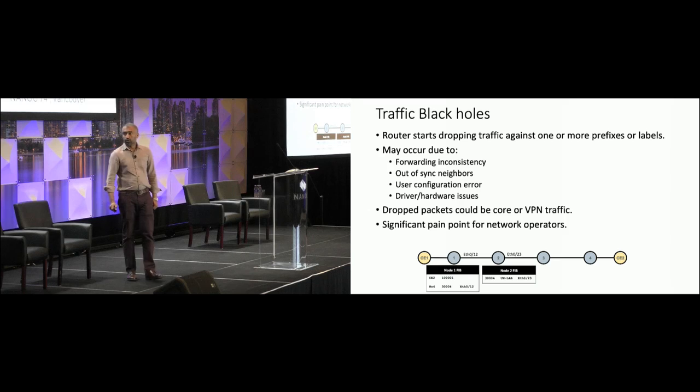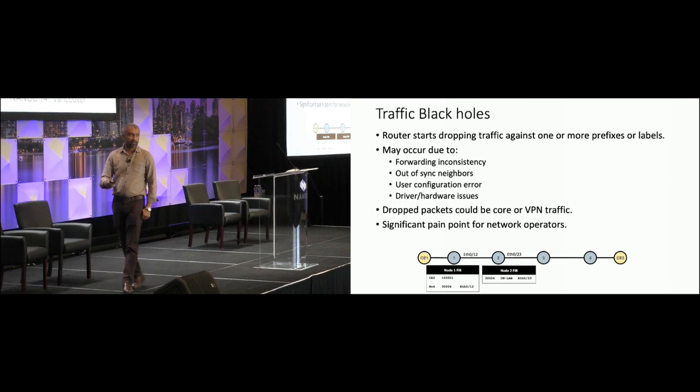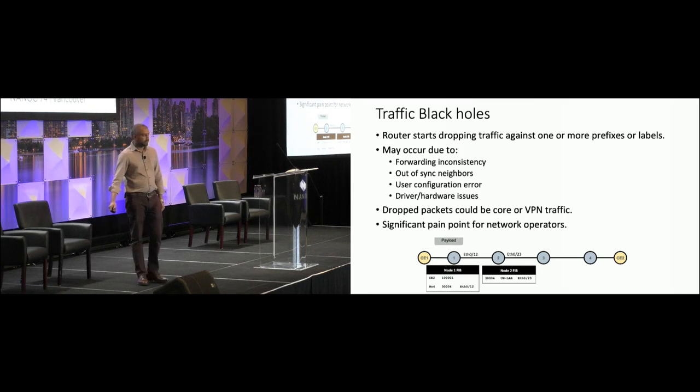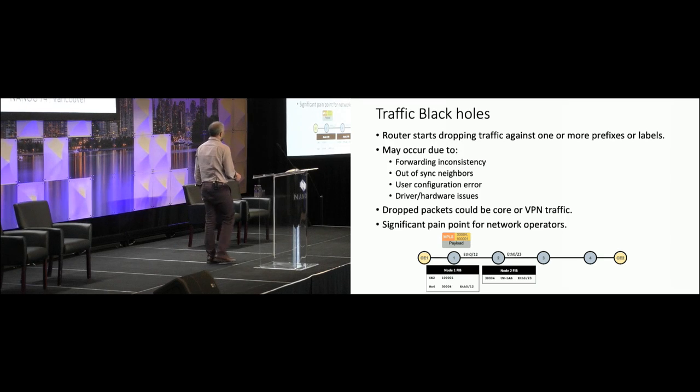So I'll just highlight this using a very simple example. Here we have a VPN, where device CE1 wants to send traffic towards CE2 over the MPLS network. In this case, it will send the packet to node 1. Node 1 will slap the transport label and the VPN label, and then send the packet towards the next hop.